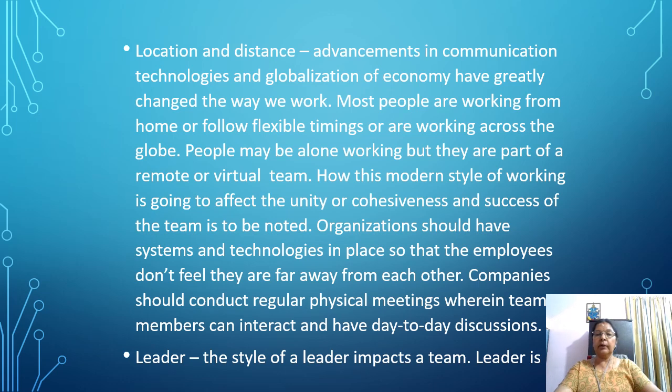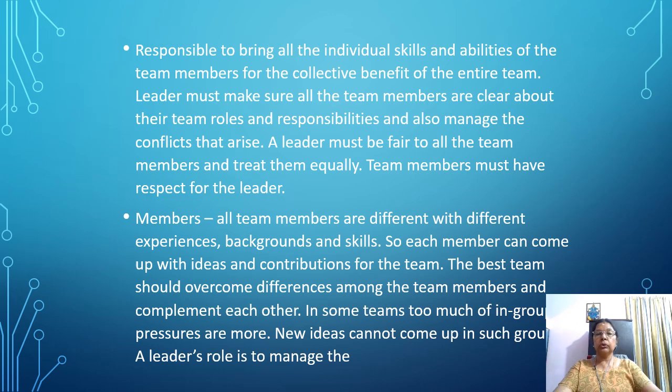So, type of leader, what is the style of leadership that is followed by the team leader, that can also affect team performance. The leader's responsibility is to make sure that the individual members of the team work collectively to achieve the common goals of the team.